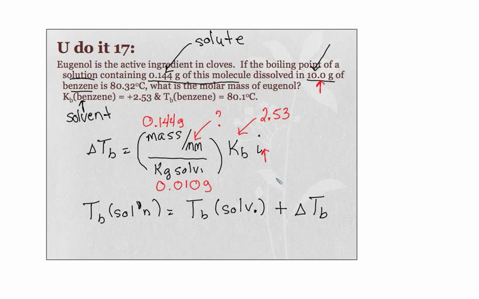Now, what about i? How are we going to find i? Well, it calls it a molecule for one, and it dissolves in benzene. We're going to be working hard throughout the year to study different intermolecular forces and solubilities. Benzene is a non-polar covalent molecule.